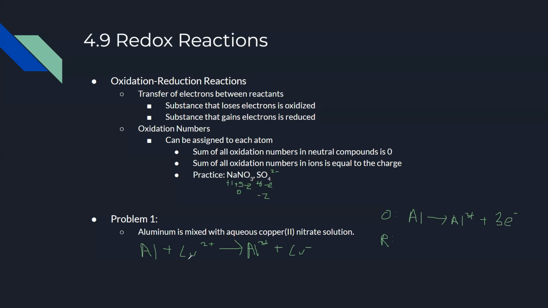And for reduction, you are gaining electrons. So you have Cu2 plus plus 2 electrons creates Cu, copper. And so you have 2 electrons and you have 3 electrons. What you have to do is multiply by a common coefficient. 2 and 3 make 6, so you multiply this by 2 and this by 3.